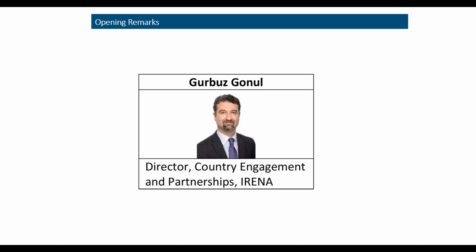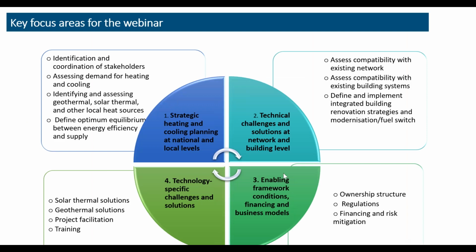And as you've mentioned, we are working on the guidebook, and part of what the guidebook will be presenting is how policymakers can develop district energy networks in their areas. And the guidebook will be focusing on 4 key areas. The first one will be on strategic heating and cooling planning at the national and local level.